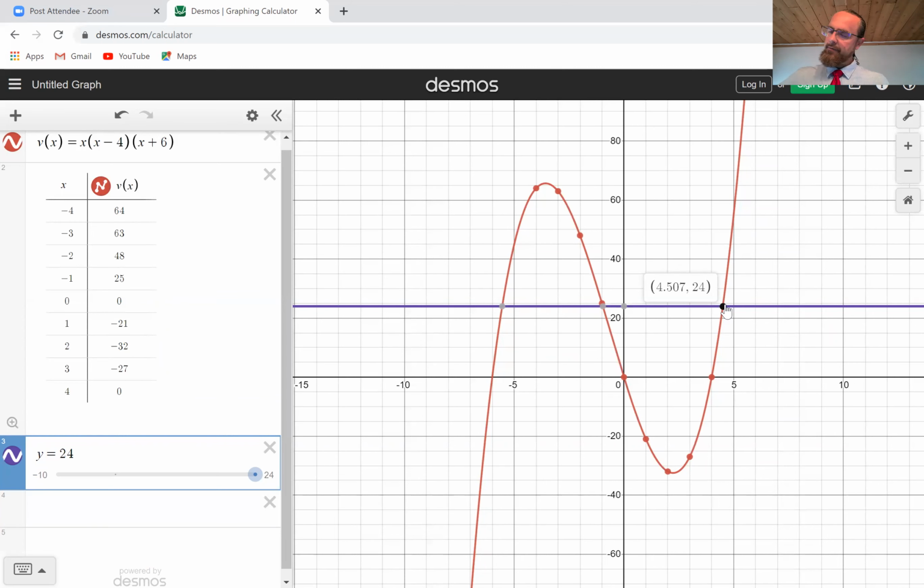So that's at 4.507, comma 24. We did have a far left intersection at negative 5.54724. So I'm picking those out because those are the critical points, the intersection values. And what I'm going to do now is take this information and head back to the notes, and then we'll try to answer the questions once we have this graphed.